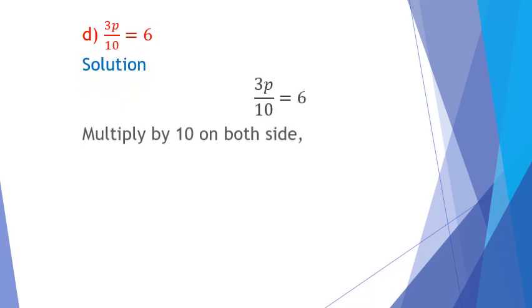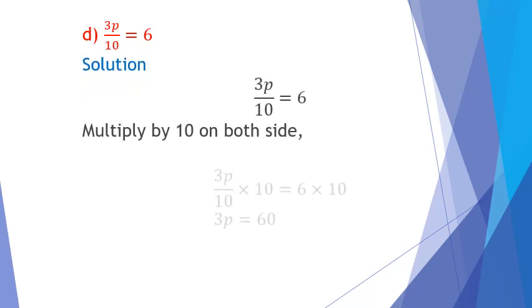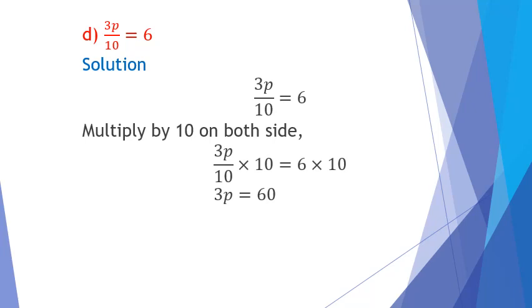Next, D. 3p upon 10 equal to 6. Multiplied by 10 on both sides, we get 3p upon 10 into 10 equal to 6 multiplied by 10. After cancelling 10 on LHS, we get 3p equal to 6 into 10 equal to 60 on RHS.